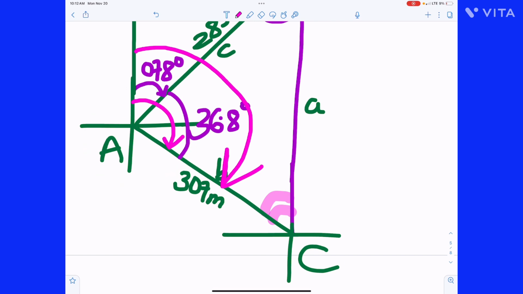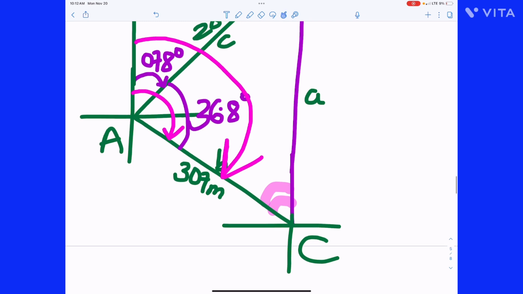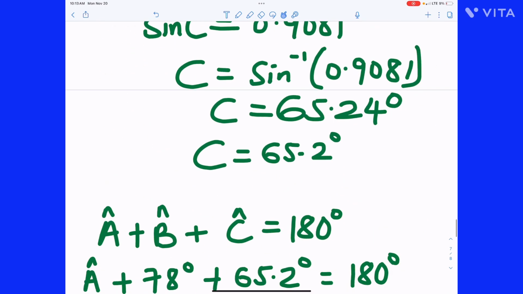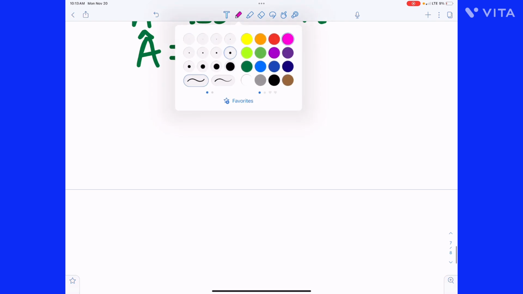The bearing should be read from A or at A. So the bearing of C from A is this 78 plus this 36.8. That's what gives you this whole angle. It's as simple as that. So let's write that down.